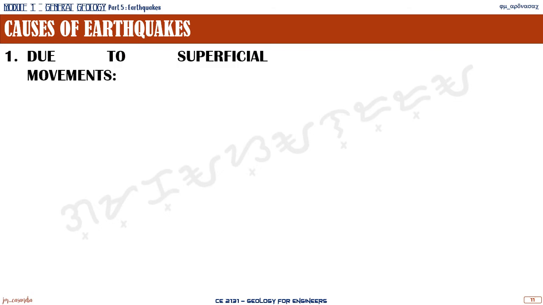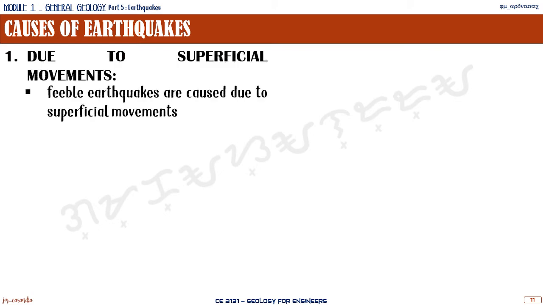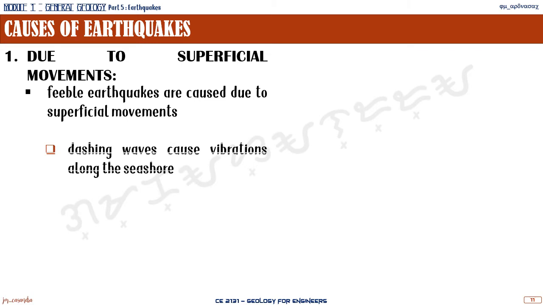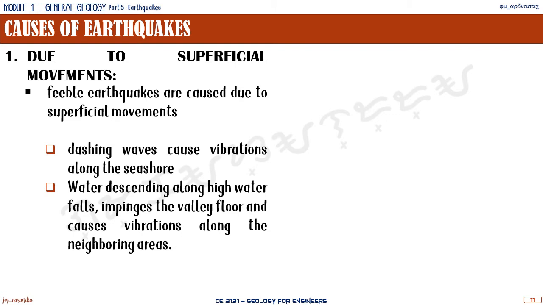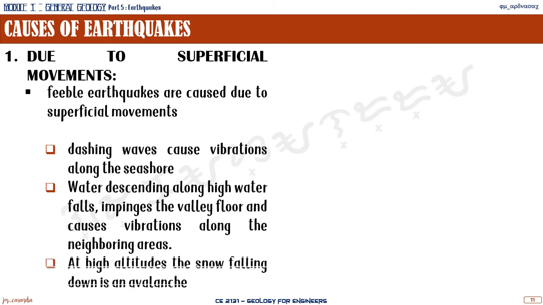So earthquakes are caused by different factors. The first one is due to superficial movements. So these are now feeble earthquakes that are caused by superficial movements, such as the dashing waves that cause vibration along the seashore, or water descending along high waterfalls that impinges the valley floor and causes vibration along the neighboring areas.